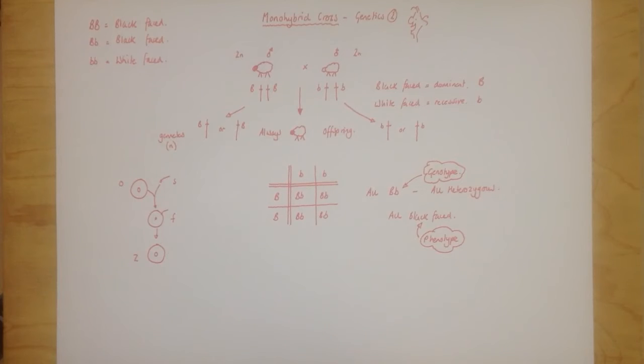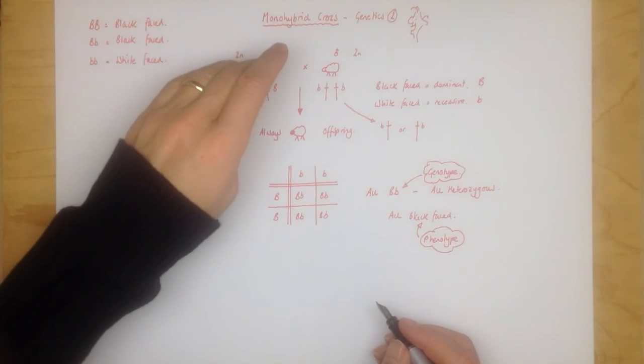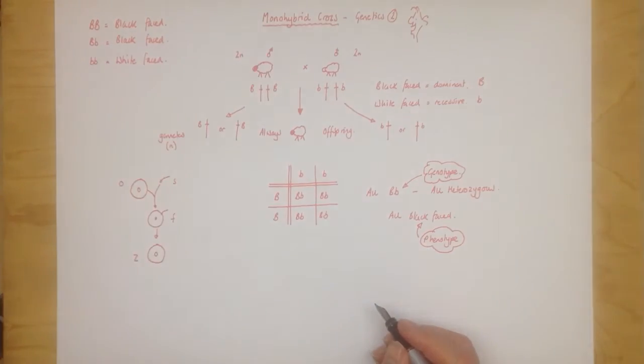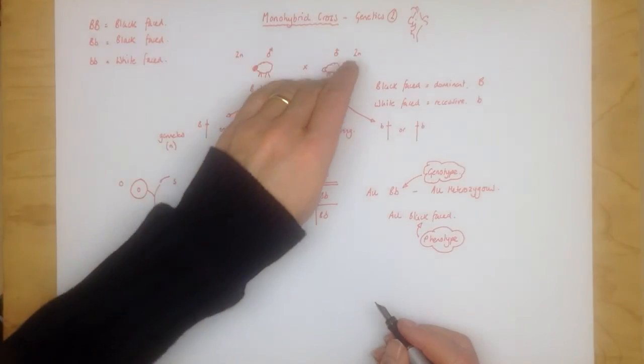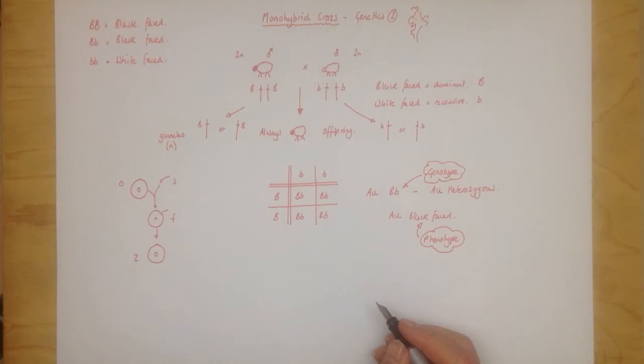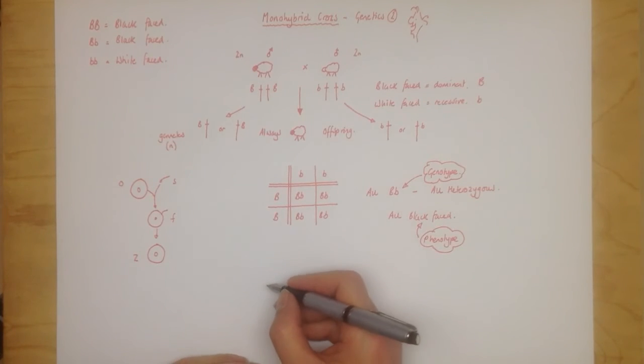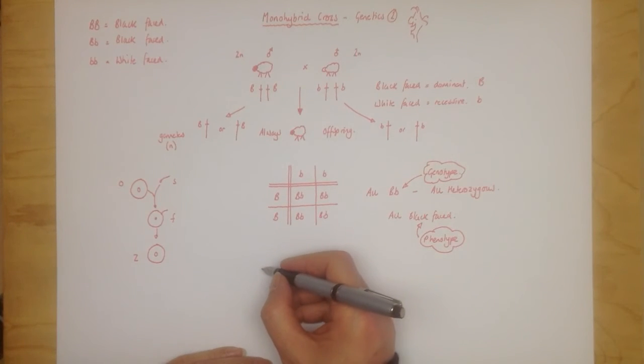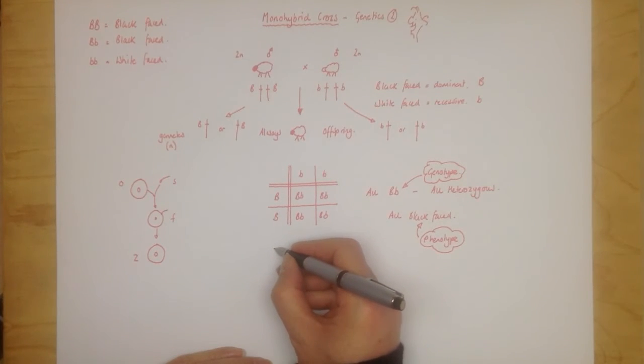Now, the next thing you can do, instead of crossing a homozygous dominant black ram with a homozygous recessive white-faced ewe, you can cross two heterozygous sheep. So, let me show you.